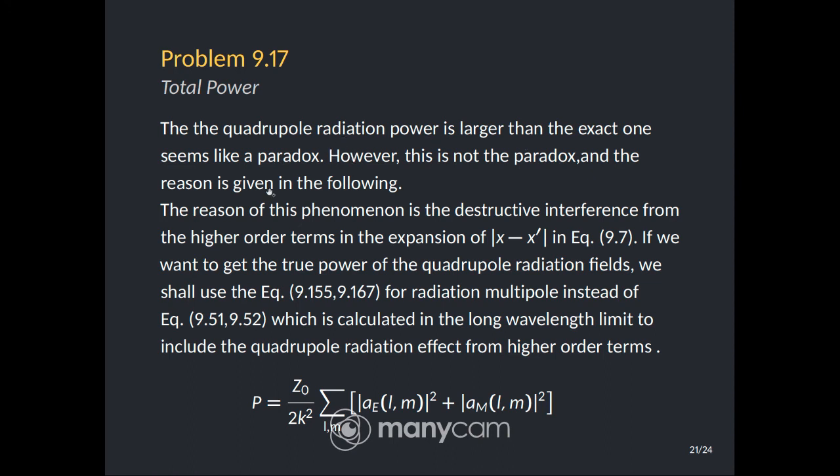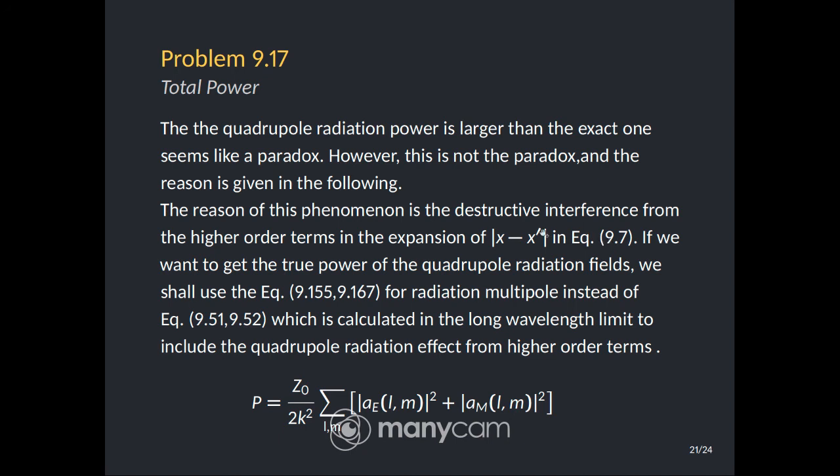The reason for this phenomenon is destructive interference from the higher order terms in the expansion of the absolute value of x minus x prime in equation 9.7.